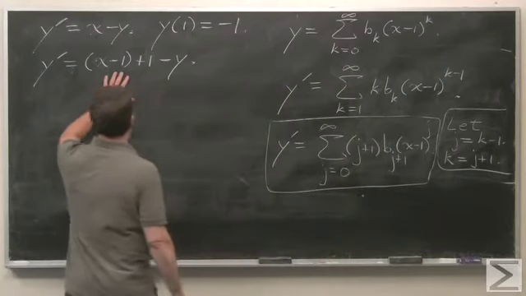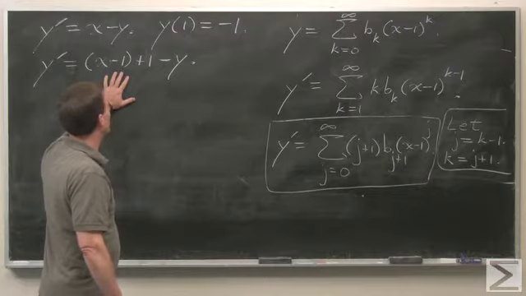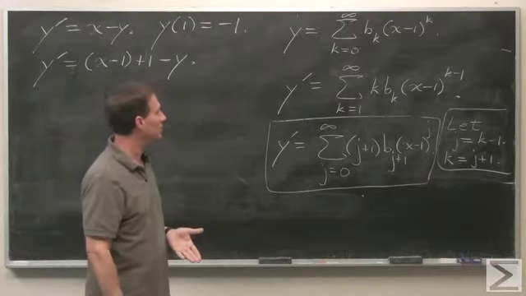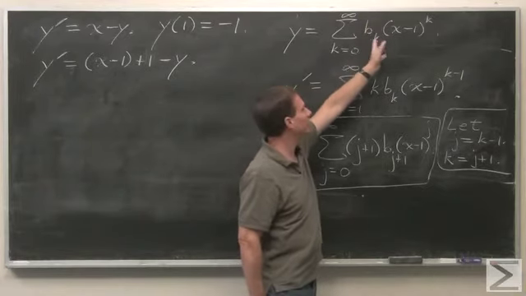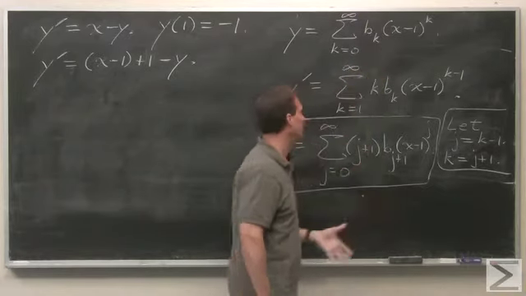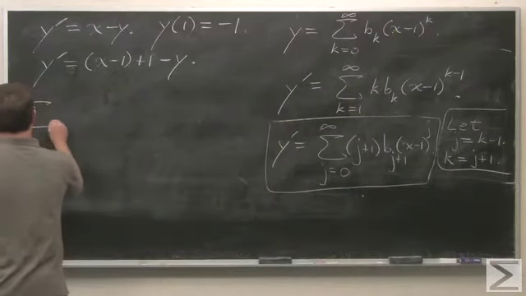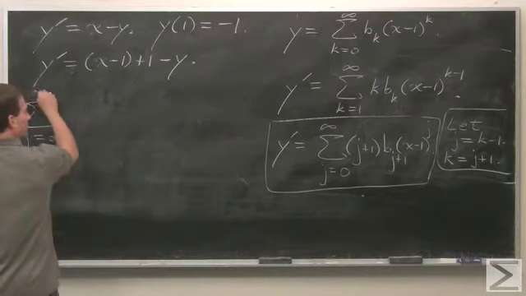And the other side, well, we don't really do much with the other side. It's just minus y. To have both indices with a j, I'm going to replace this k with a j, but you don't have to do that. It just makes things look a little more manageable, or I don't know, look a little more aesthetically pleasing.